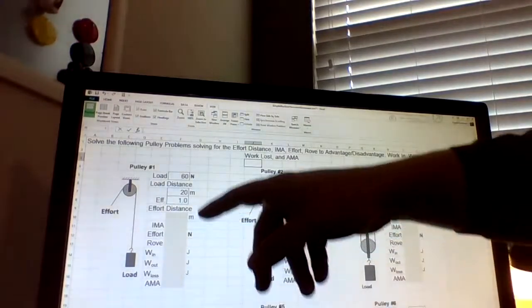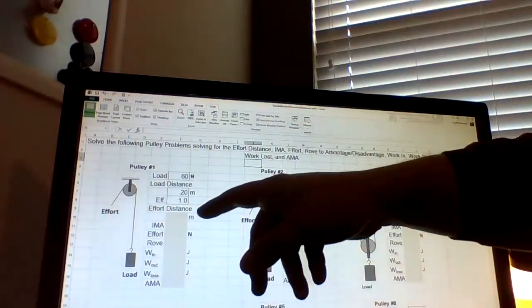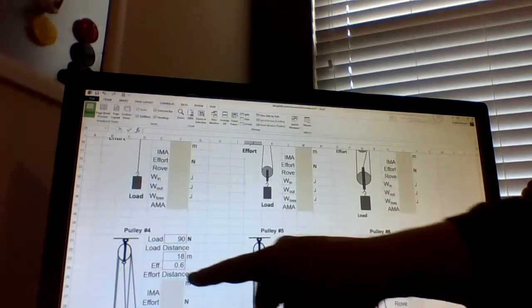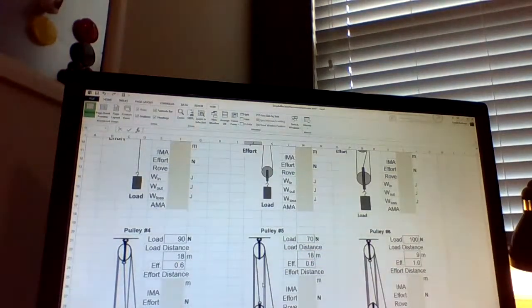Now I'm not only asking about the differences in loads, I'm asking you about the effort distance. You'll also notice that some of these are perfectly efficient and some of these are not. So it actually gets to be much more complex.